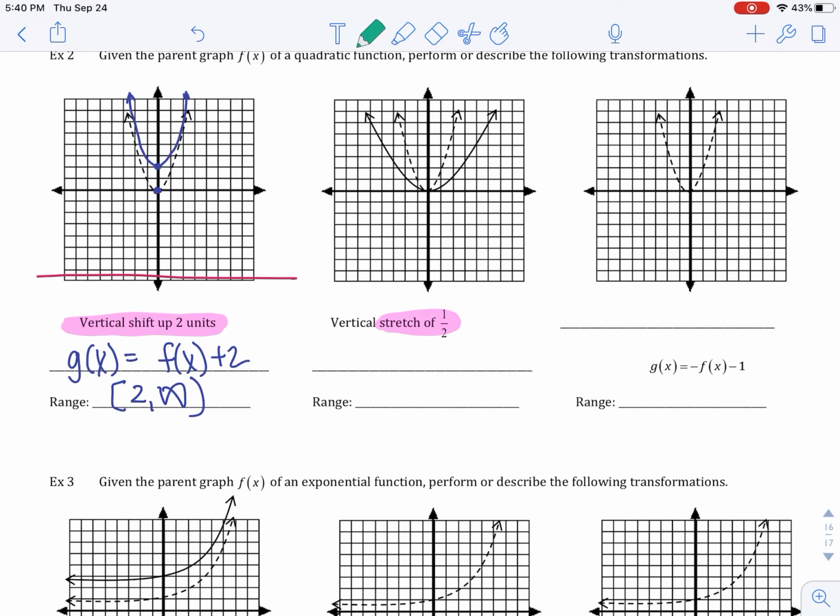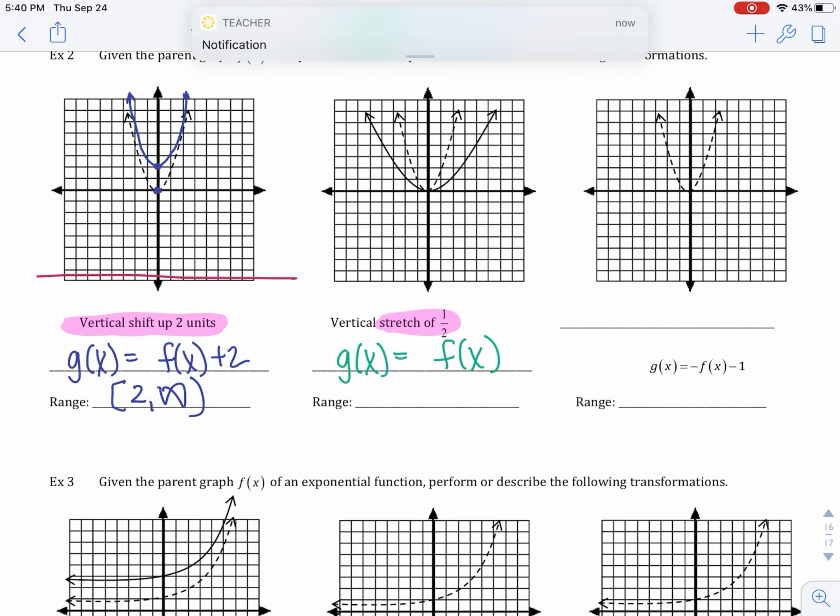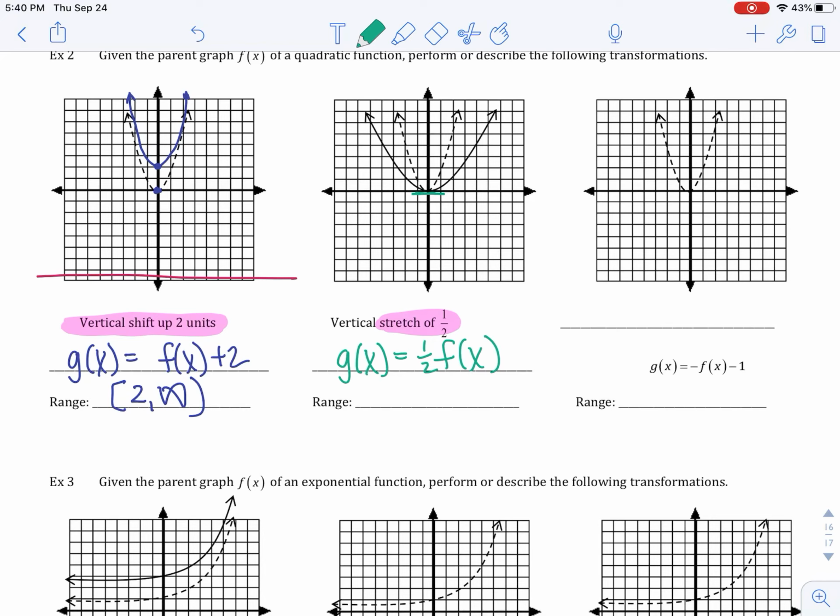So now let's just write out g of x. We have f of x, and we know that stretches are in the front. And then my range, if I'm reading it, the lowest point is at 0, and it's pointing up.